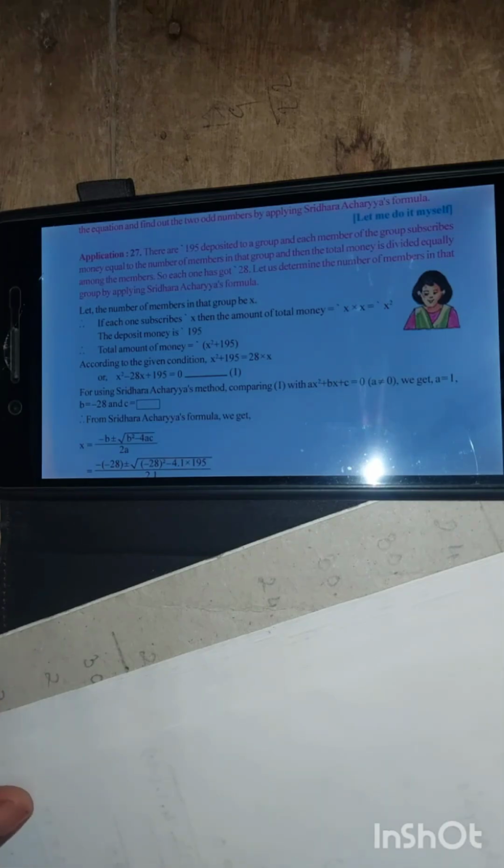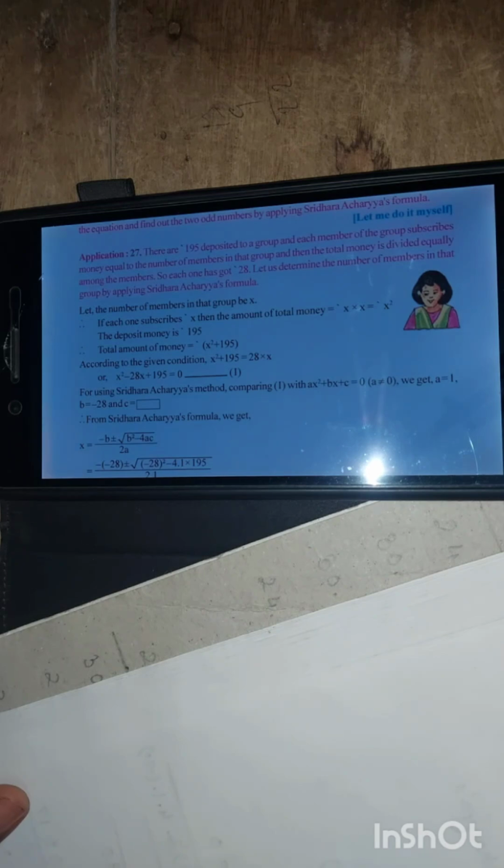Now let us proceed to our next question. The question says there are rupees 195 deposited to a group. Each member of the group subscribes money equal to the number of members in the group, and then the total money is divided equally among the members. So each one has got rupees 28.